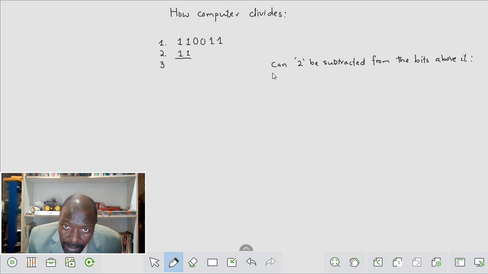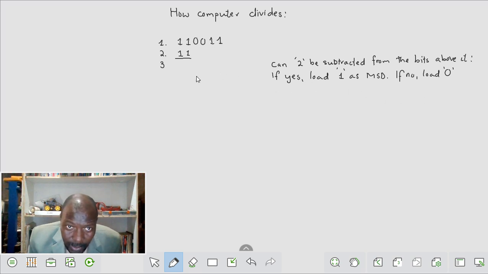If yes, load 1 as MSD. If no, load 0. Okay, so the answer is yes.